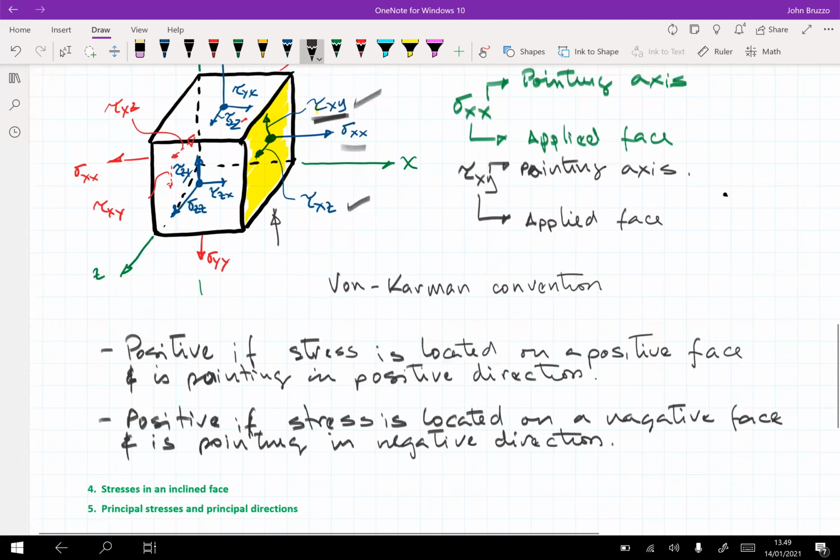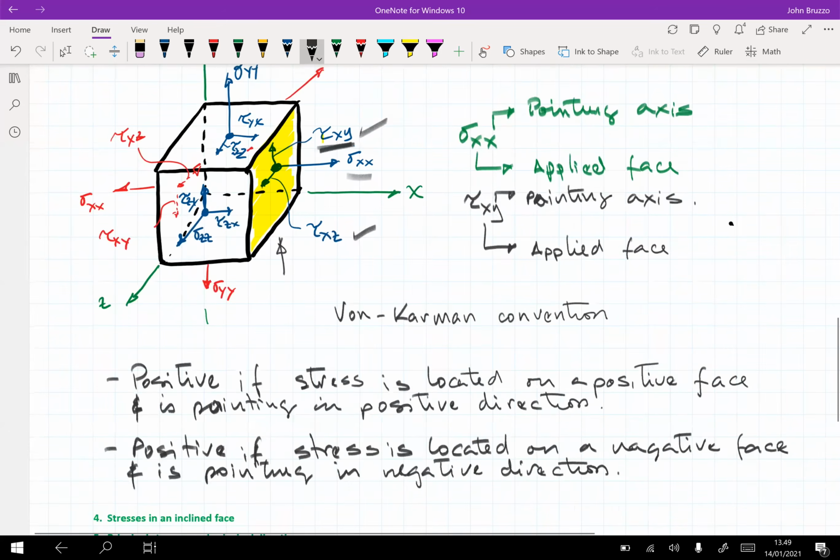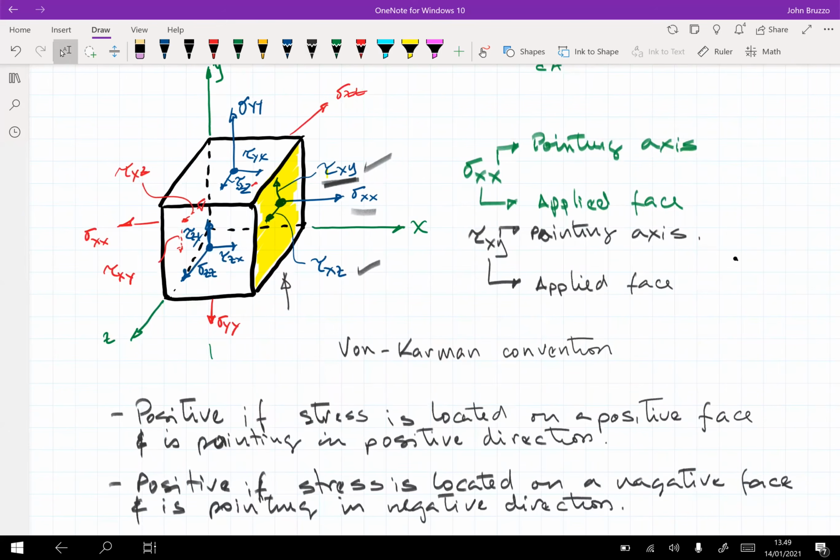Under this convention, all of the stresses drawn on this cube are positive. For example, take the shear stress xy represented on the negative phase. This stress is pointing downwards, which is the negative y direction. It is positive because it is located on a negative phase and pointing in a negative direction.